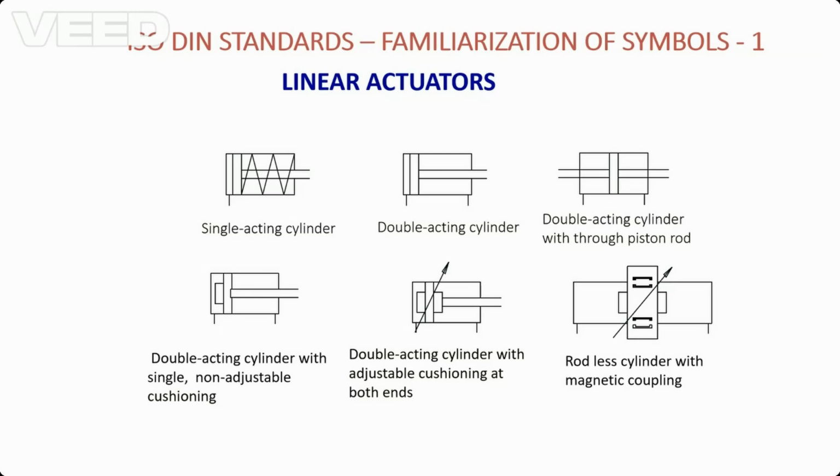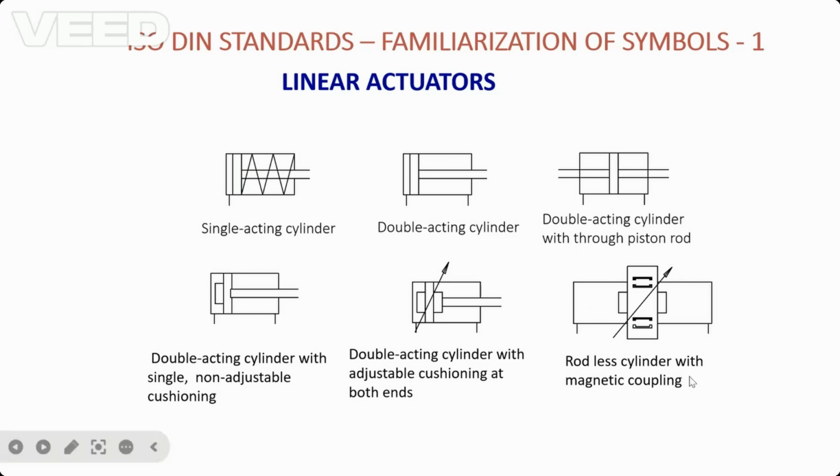And we have a double acting cylinder with adjustable cushioning, cushioning on one side or cushioning on both sides with adjustable. As I said, if there is an arrow, it means it is adjustable. And at the start of the video, we discussed there are rodless cylinders.